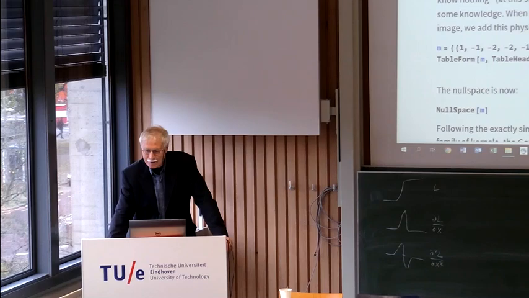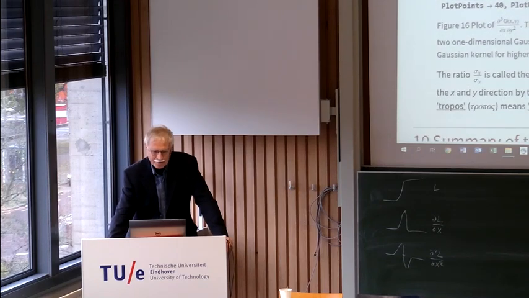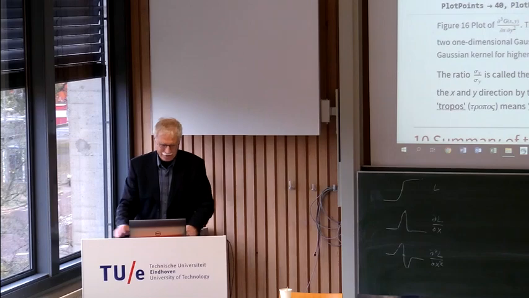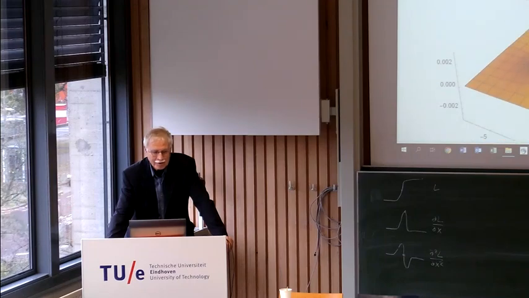I skipped this too. If you have higher dimensions, you can have a look at the Gaussian derivative in X. So this is the Gaussian derivative in X, and this is the Gaussian derivative in Y. Now I take a high-order derivative.